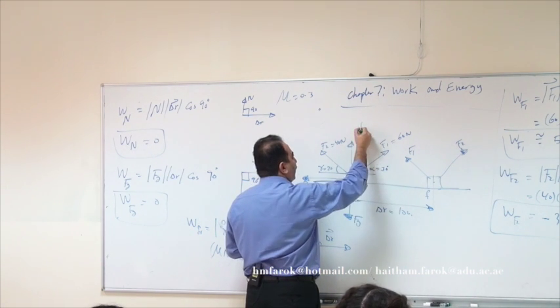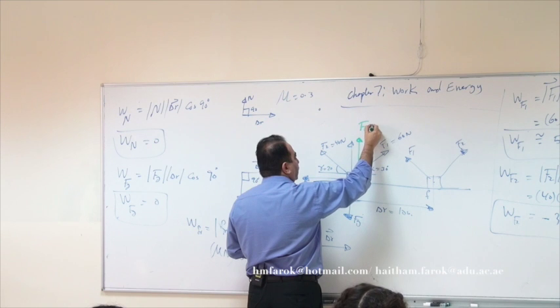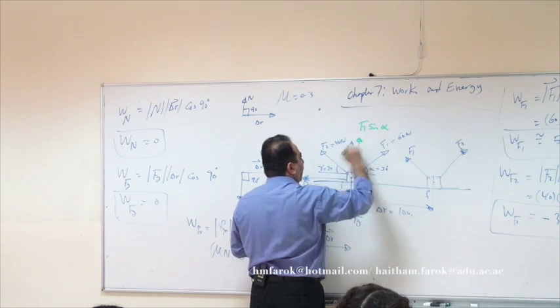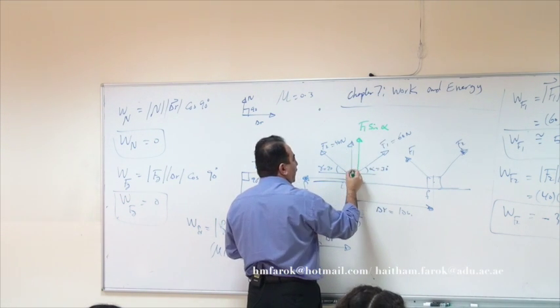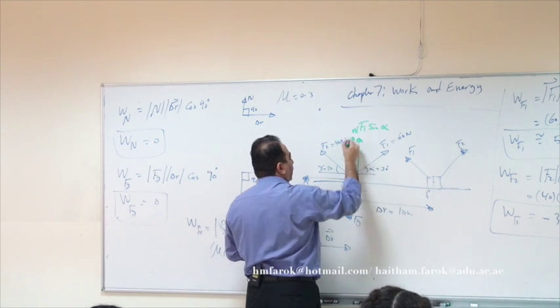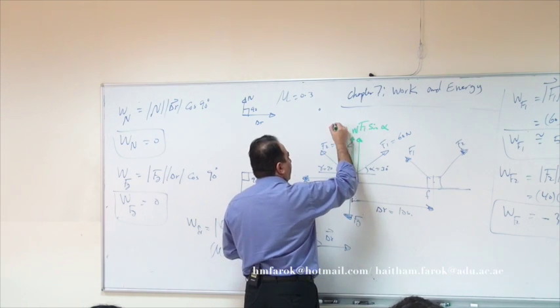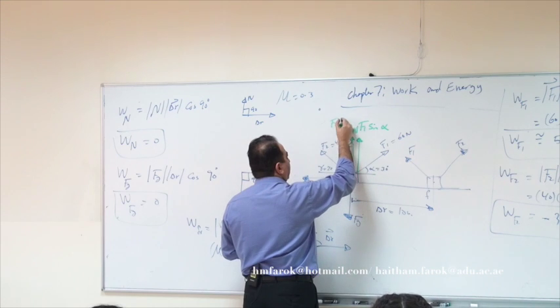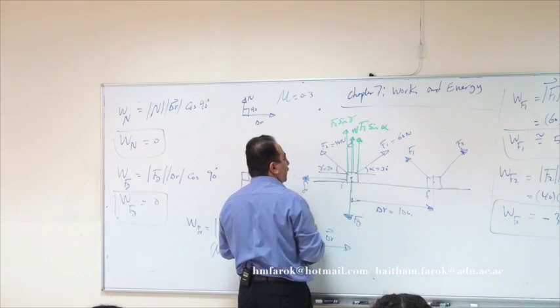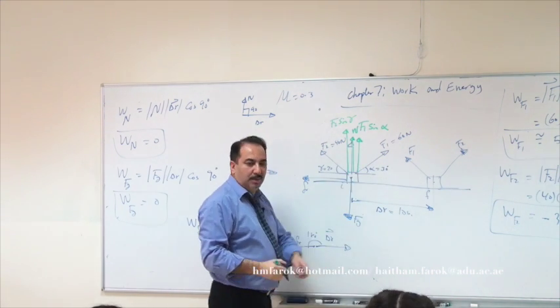So here you have F1 sine alpha, symbolically, and this is N, and here you have F2 sine gamma. Those three.